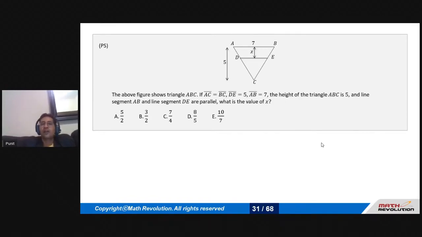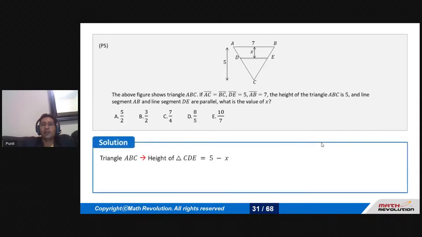Now, this particular triangle ABC and DEC are similar to each other. So we'll apply the logic of proportionality with the given data. We have a triangle ABC, which has a height of 5. And if we say that D is X distance from AB, that means the height of triangle CDE will become 5 minus X. Now ABC and CDE are similar triangles with the property of AA.